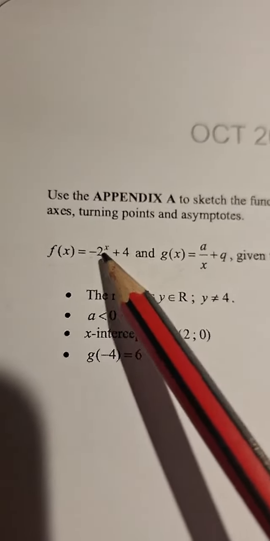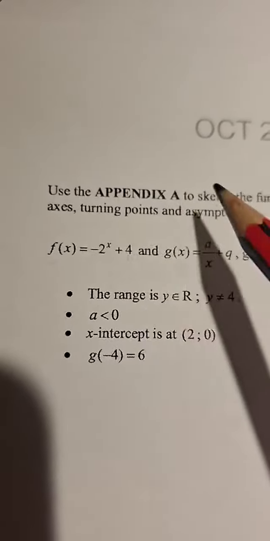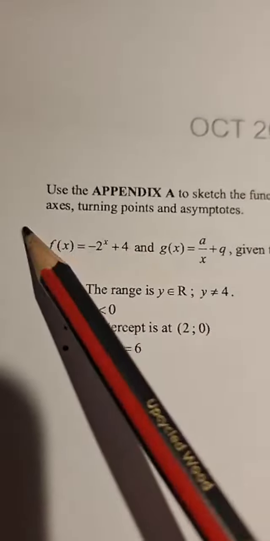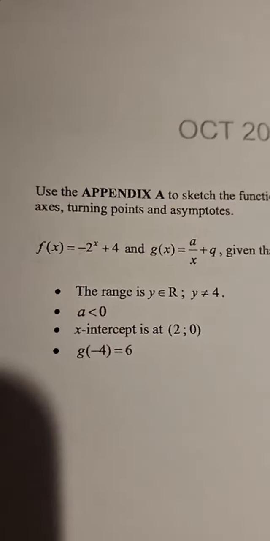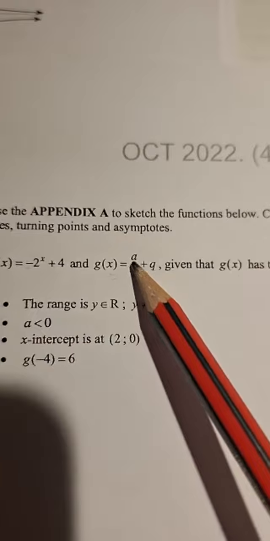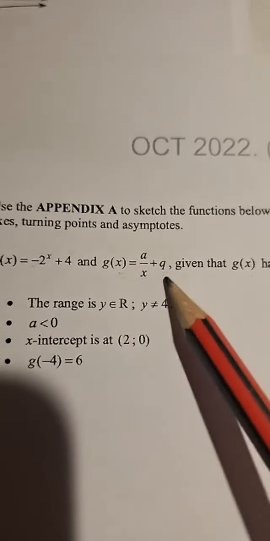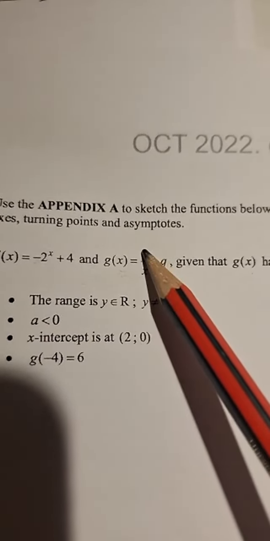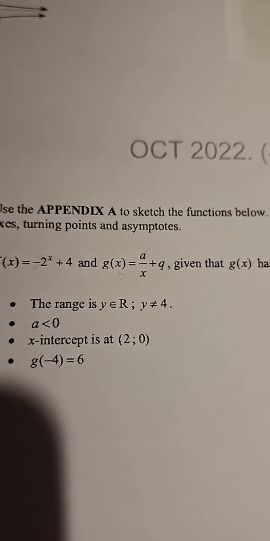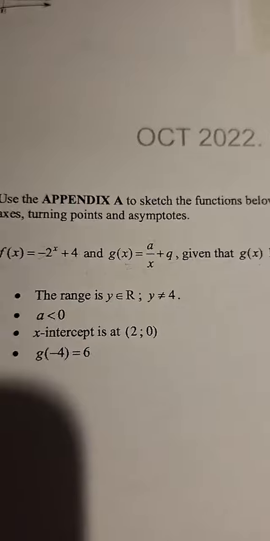The a, b, and q will tell us various things about the exponential function. It's so important, guys, to know the form of the function and what the various parameters will tell you. Then you have g of x, which is a over x plus 2. So once again, this is a hyperbola. Your a and your q value will also speak to you about certain things that relate to that function.